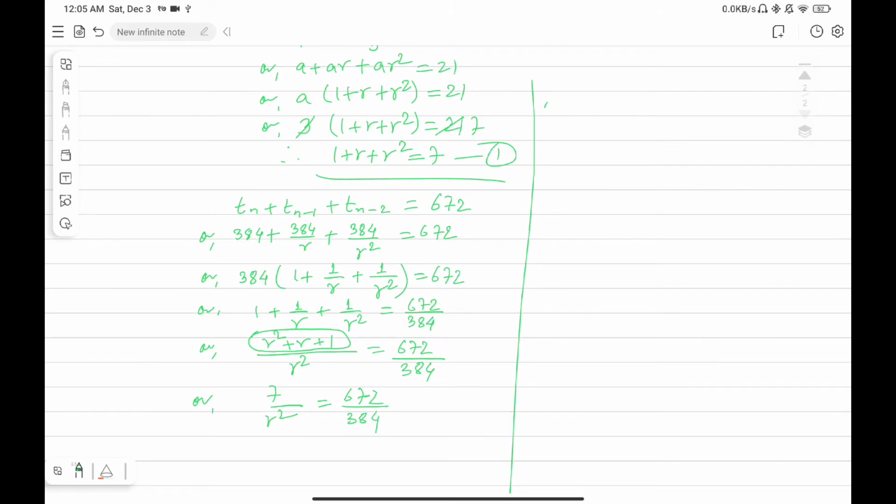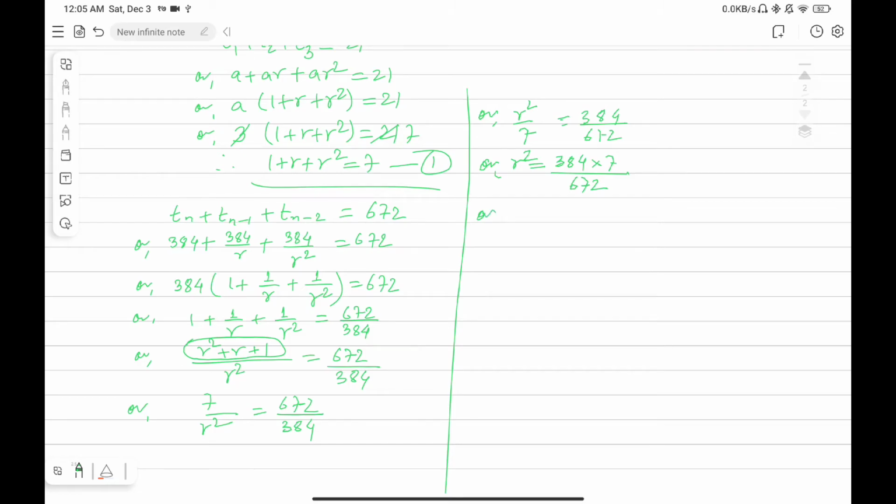Let's take the reciprocal: r square by 7 equals 384 by 672, so r square equals 384 into 7 divided by 672.